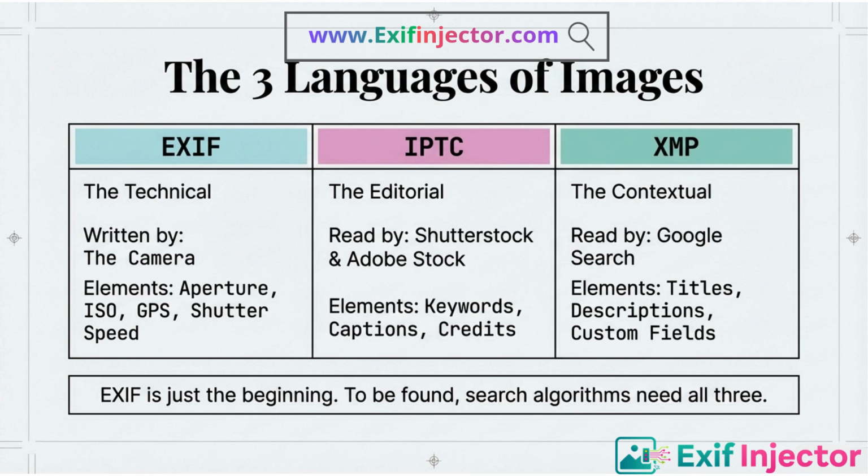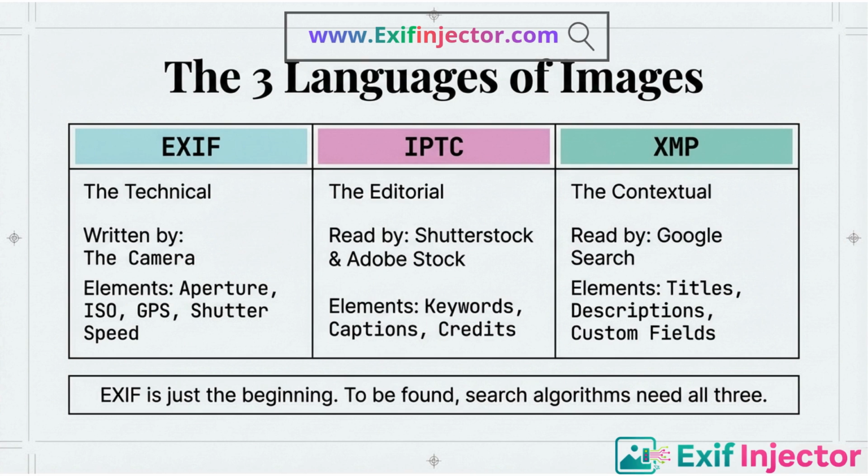Keywords, captions, credits. And XMP is the contextual layer, read by Google Search. Titles, descriptions, custom fields. To be found by algorithms, your images need all three.